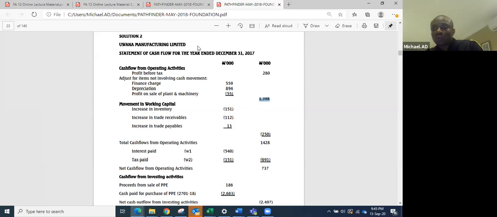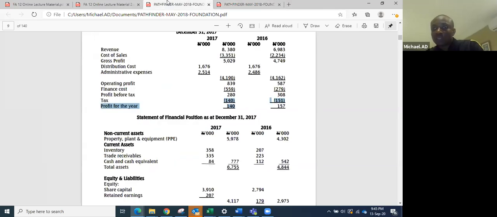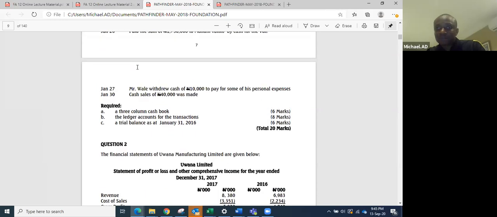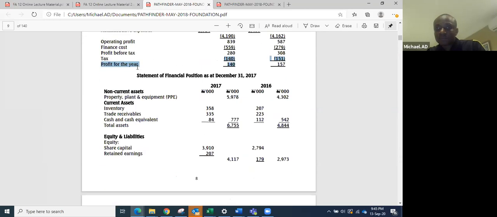Note, at the end of all these workings, the only way you will know your answer is correct is that the cash at the end of your cash flow must be equal to the cash and cash equivalent of 84,000.